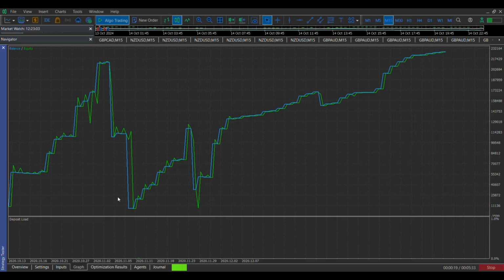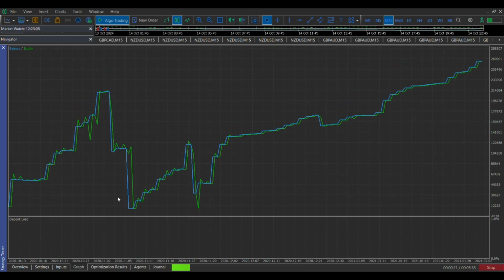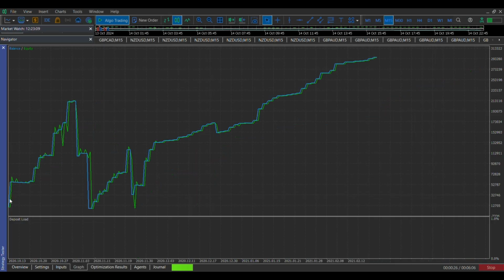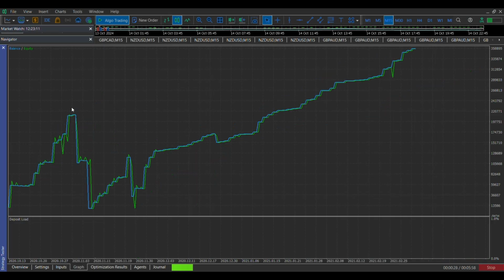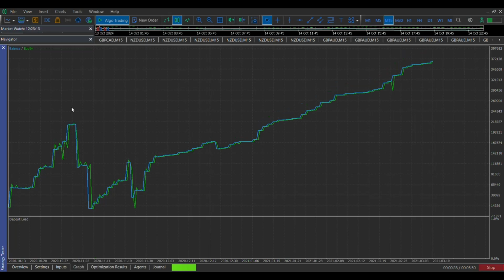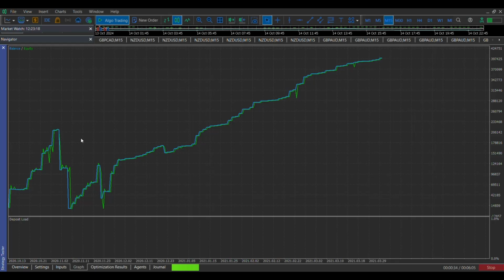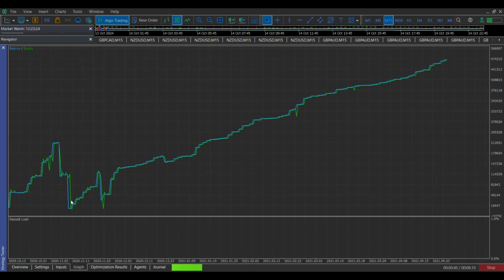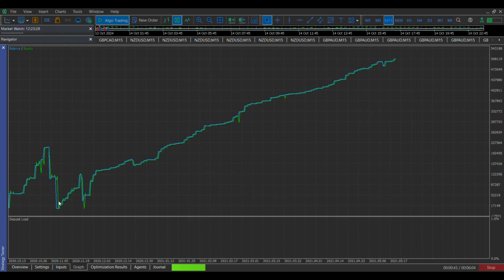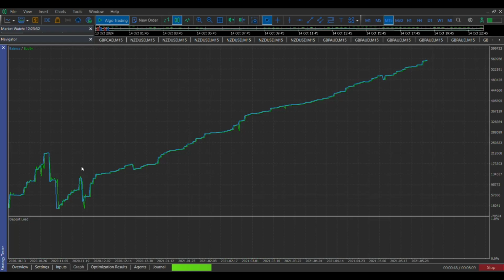Currently running the backtesting. The initial balance, I will show you here, was 10k. It went to 200k USD, and then some loss. It went to 115k USD equity. Not a problem.